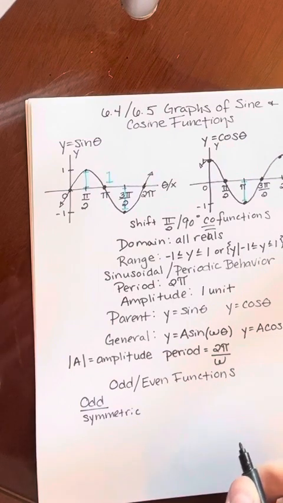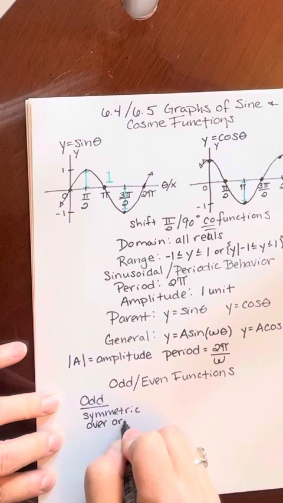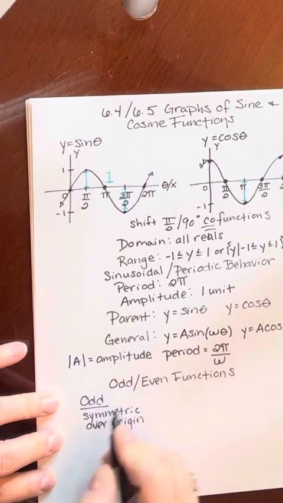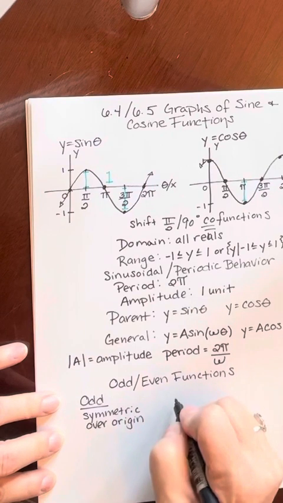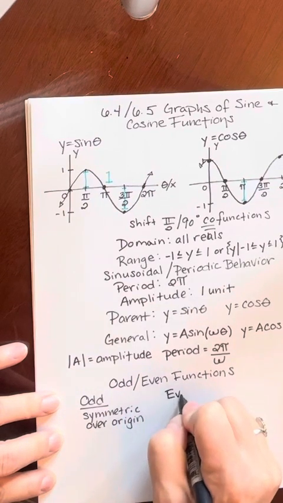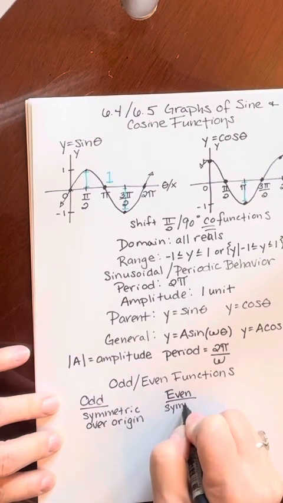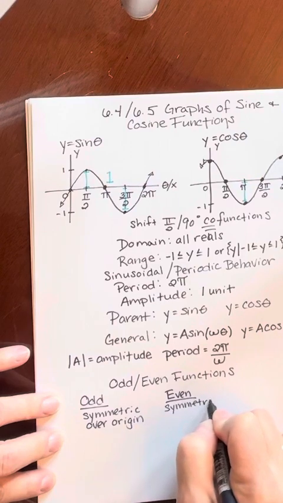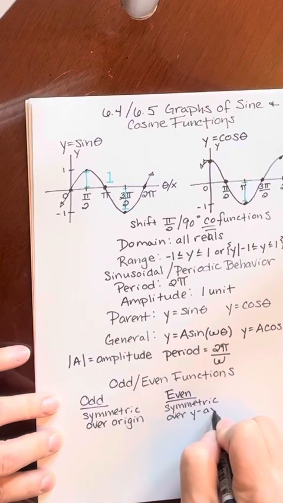It's been a while. Symmetric over the origin. Look, odd O, origin O. Even functions. They are symmetric over the y-axis.